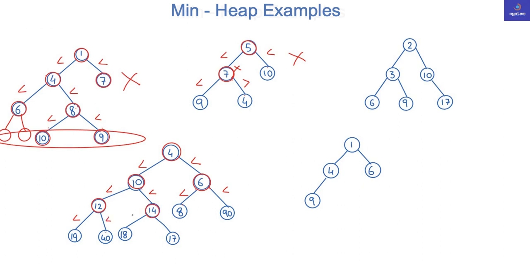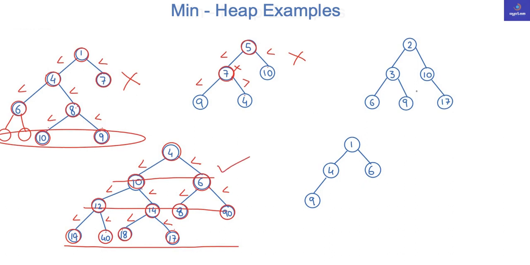For node 14, 14 is less than 18 and 14 is less than 17. All others are leaf nodes. So in this tree, all the nodes follow the min heap property. Is this a complete binary tree? Yes, because this level has all the nodes, this level has all the nodes, and in the last level, all nodes are as far left as possible. So this is a min heap.